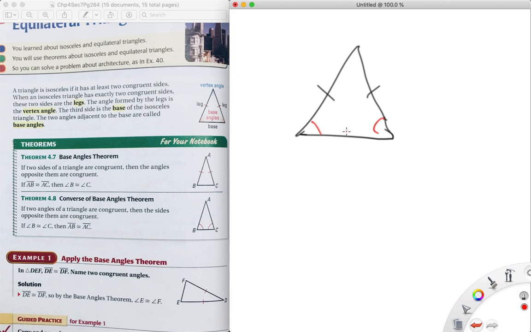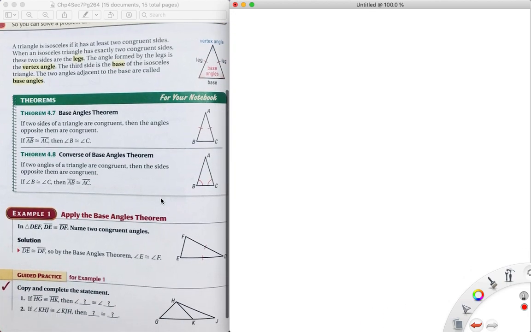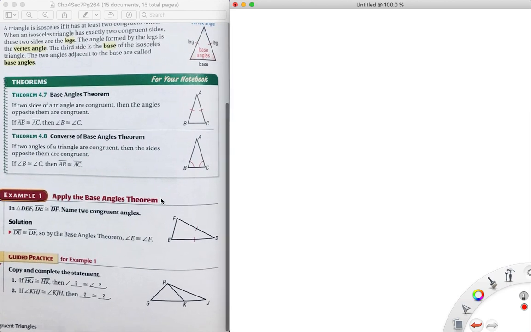In the converse of that, if two angles are congruent, then I know the two sides opposite those angles are congruent. That's the converse of the base angles theorem, and that comes in handy, actually.